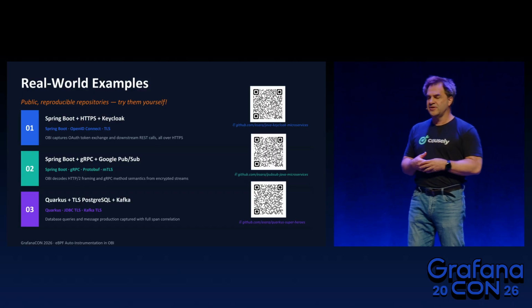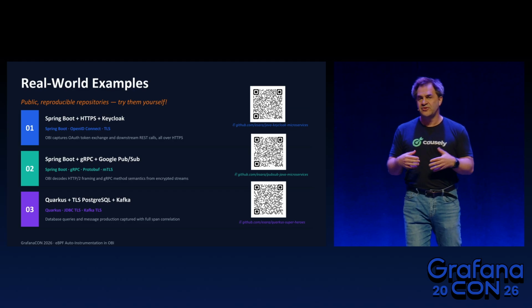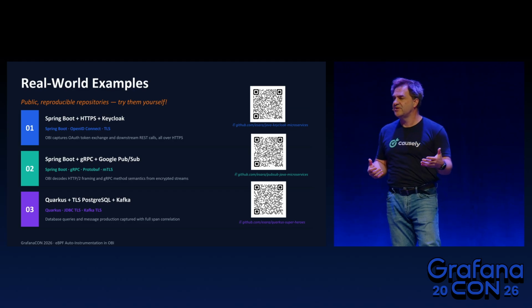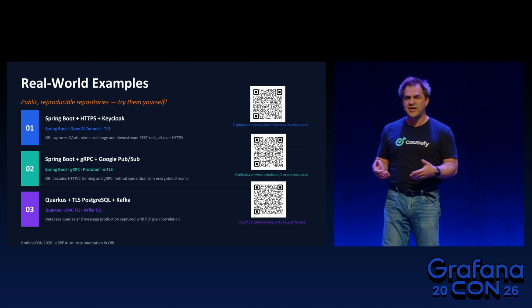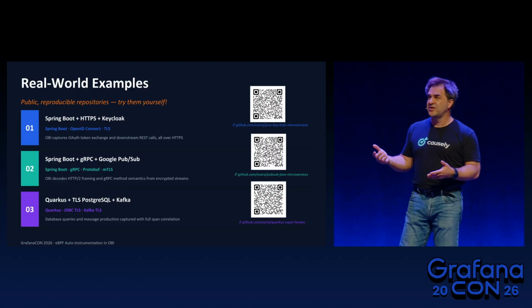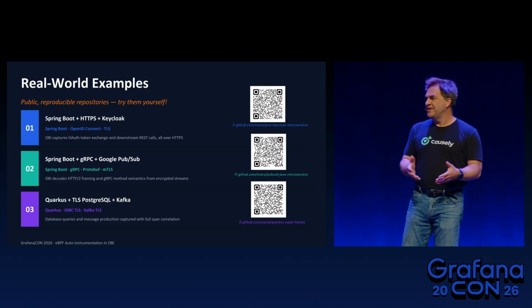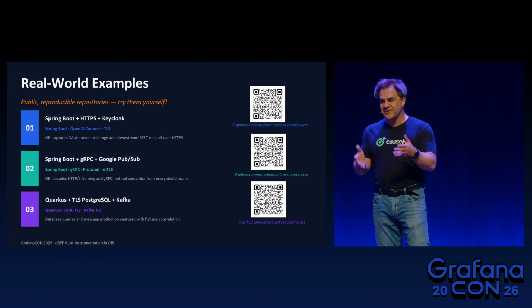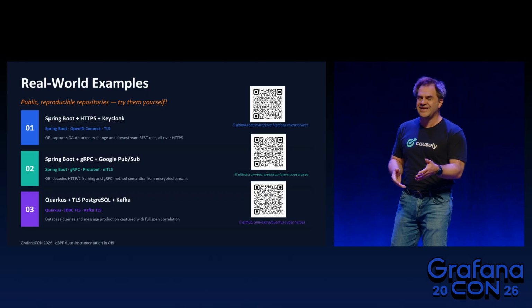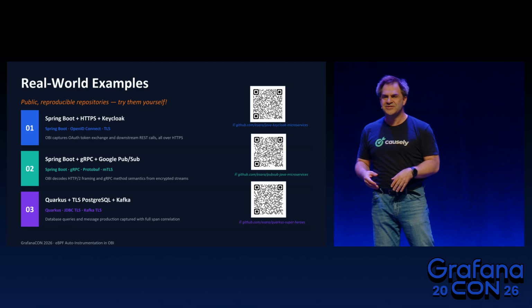And then a large betting company that has a number of Java applications. Most of their applications are in Java, and they're using managed Postgres, and other managed databases over TLS as well, as well as Kafka. Now, I can't bring their applications here, so I wrote something that represents their setups, and all of them are public or open source.